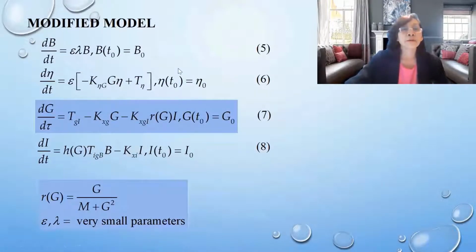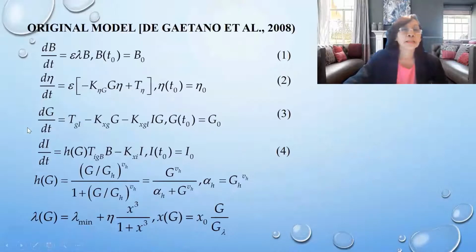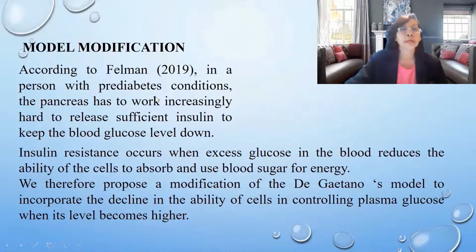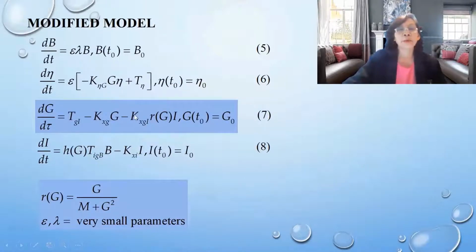The modified model then consists of these four equations, where now the third equation in this model is replaced by this equation 7, where this term now varies according to the product of R and I, where R now depends on G, so that R decreases when G becomes very high.